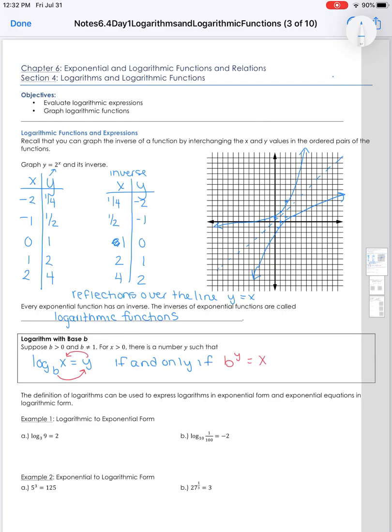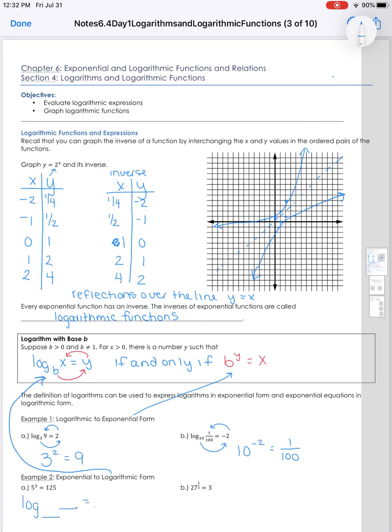So if you're asked to write something in exponential form, it would follow that format. This is where you have to do the circle. So we have 3 to the second is equal to 9. Here we have 10 to the -2 is equal to 1 over 100. Whereas if we go the opposite direction with logarithmic form, what I always say is, we'll set it up.